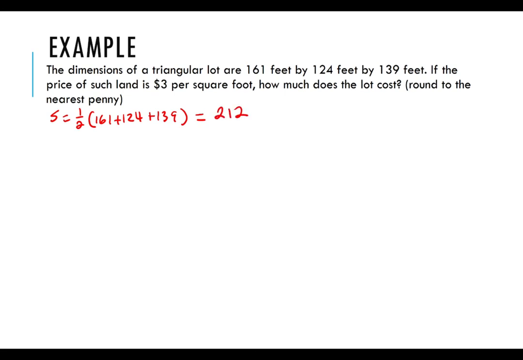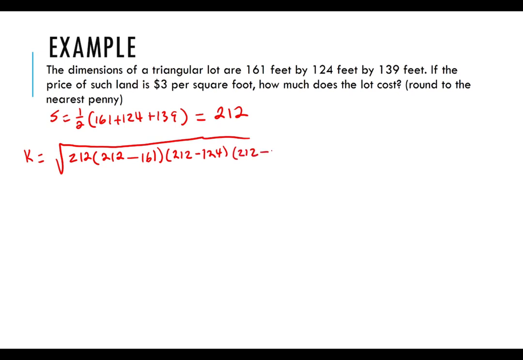And then Heron's formula tells me that the area K is equal to the square root of the semiperimeter times the semiperimeter minus the first side times the semiperimeter minus the second side times the semiperimeter minus the third side. And so since that's my K, then the cost is just going to be equal to that area K times $3, which, when doing the calculation, rounding to the nearest penny, I get $25,002.13.